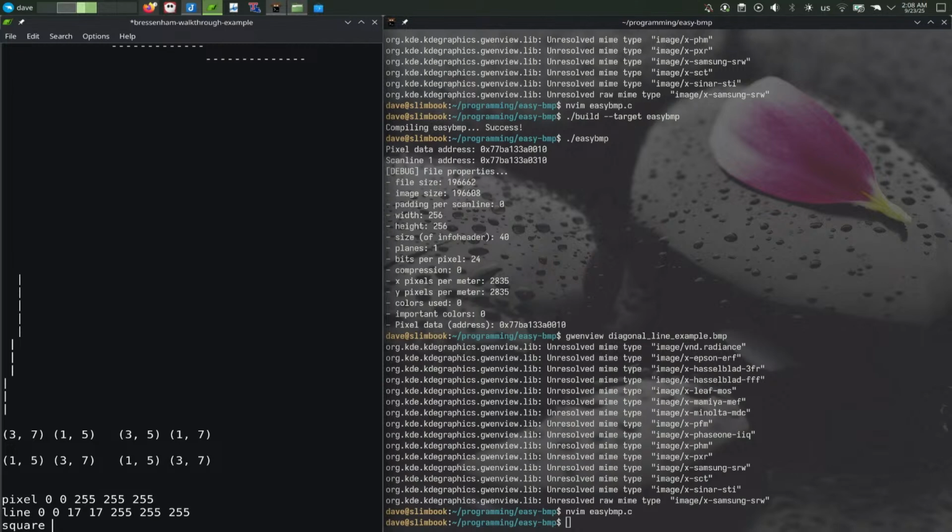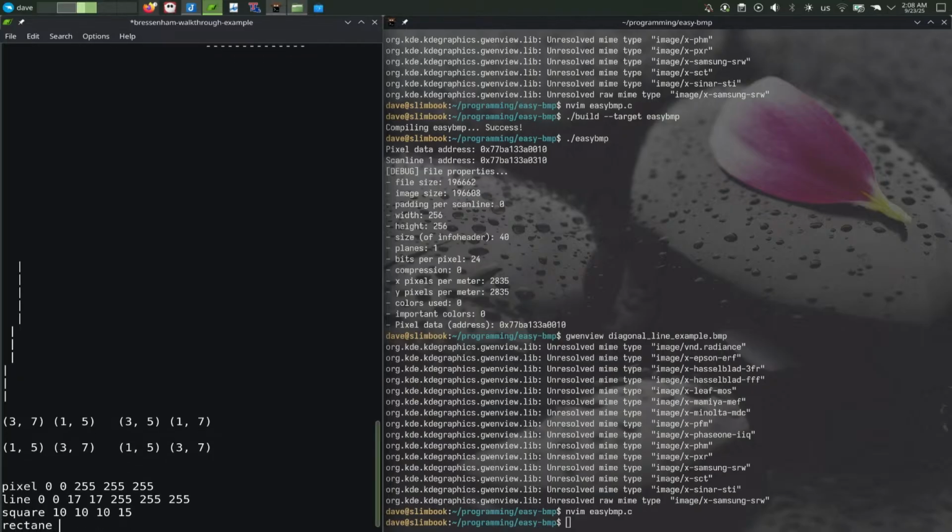So say you want a square at 10, 10, and the x has to be the same, and 10, 15. Then it could fill that out because it would know that all it has to do is go 5 pixels across. That's the thing I'm thinking about too. Now, a rectangle is different because I think a rectangle needs to have all 4 vertices.